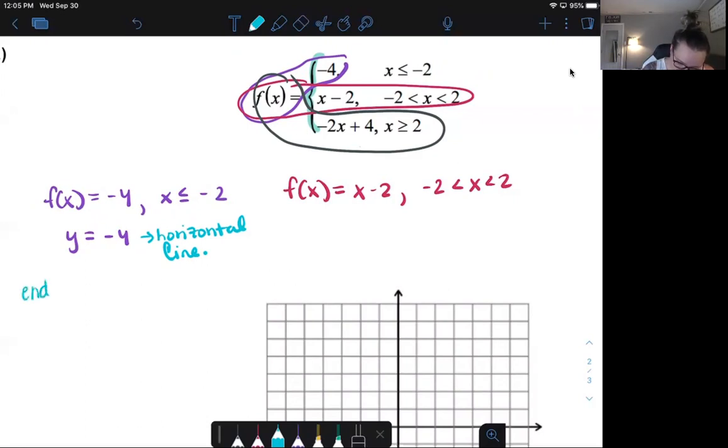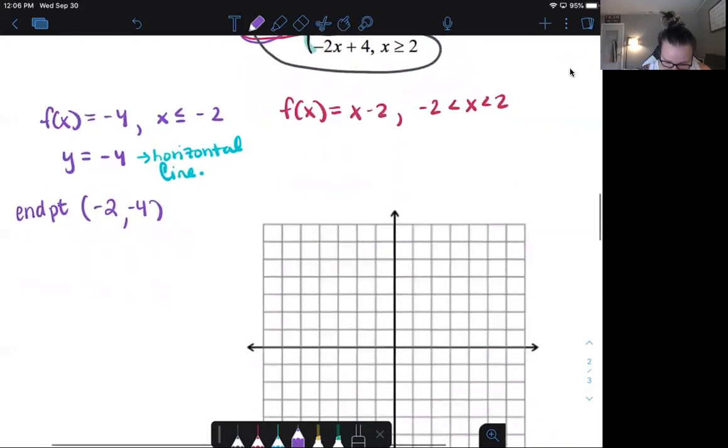So let's find our first endpoint. Well, I don't have to plug in x equals -2 because there's no x in this equation. It only has a y. So that means that my x value is going to be -2. And then for this equation, what is y always equal to? Right, -4. So our endpoint is at -2, -4.